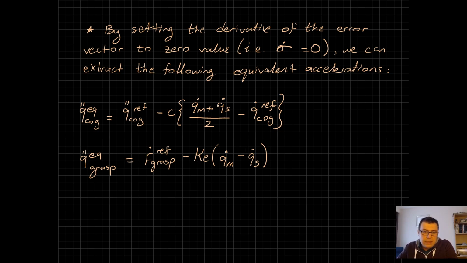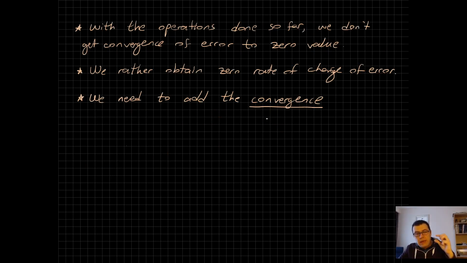If you look at the degrees of those equations, they include the velocity feedback, the acceleration references, the equivalent accelerations, but no position feedback from the system. And without position feedback, if there is any error at the beginning, it remains as is forever. That's what the derivation makes, actually. We don't get convergence of error, and we get zero rate of change of error. That's why we need to add the convergence. How can we do this? Simple.